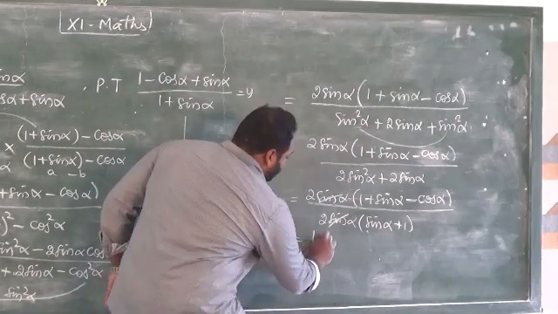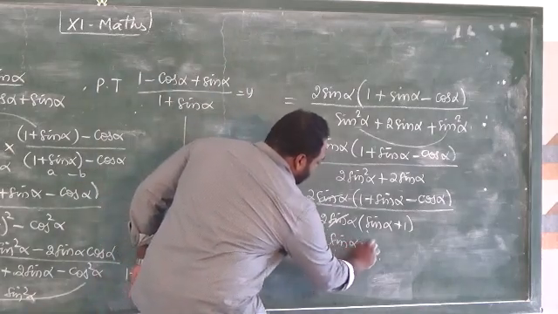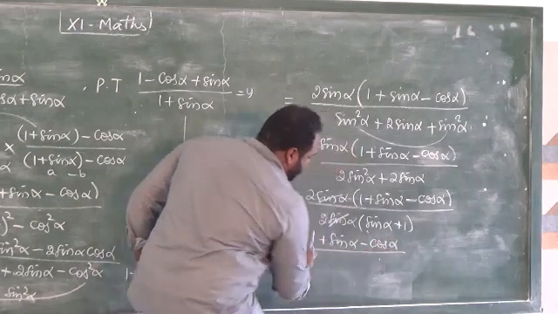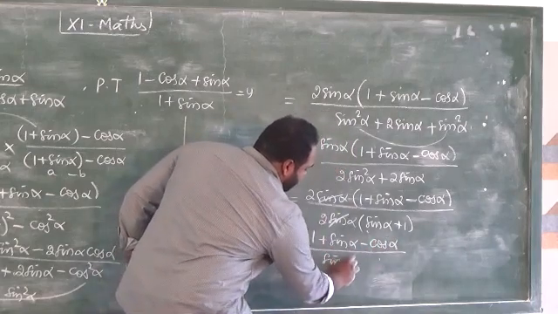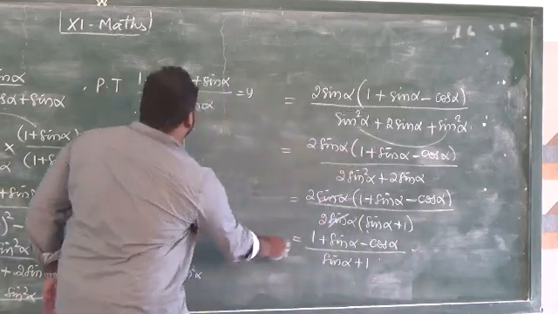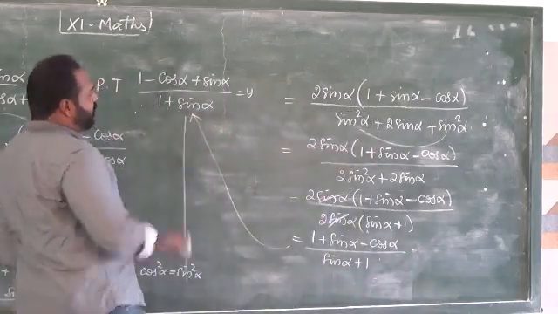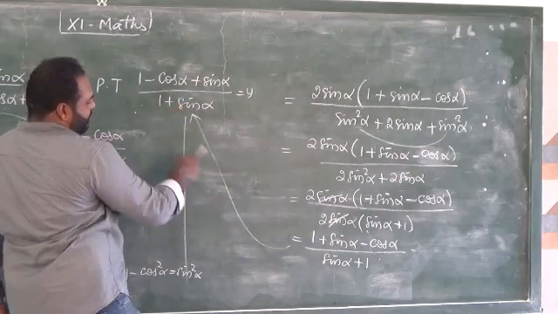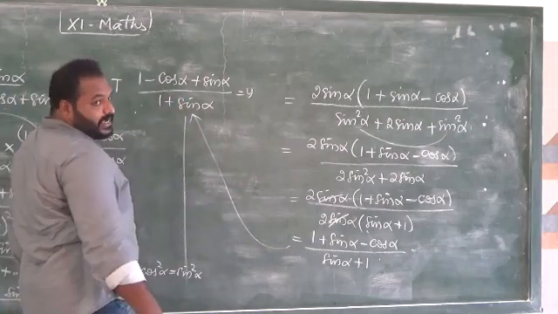What is remaining? 1 plus sin alpha minus cos alpha by sin alpha plus 1, which is the required answer. So 1 plus sin alpha minus cos alpha by 1 plus sin alpha.